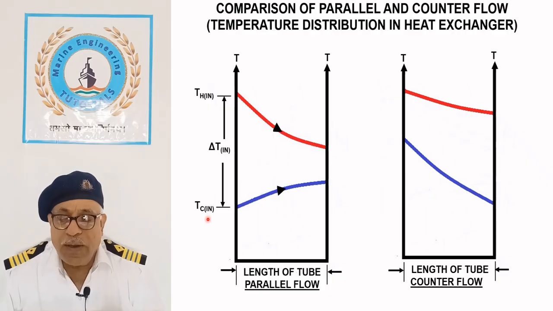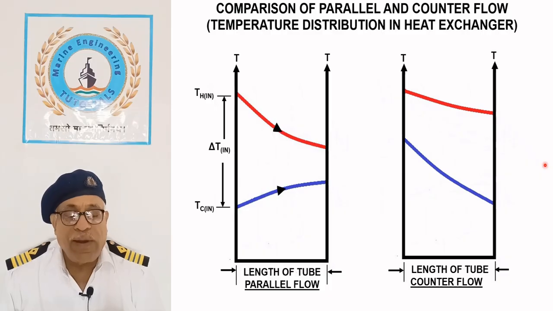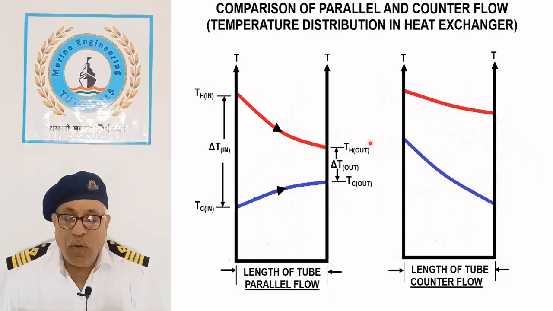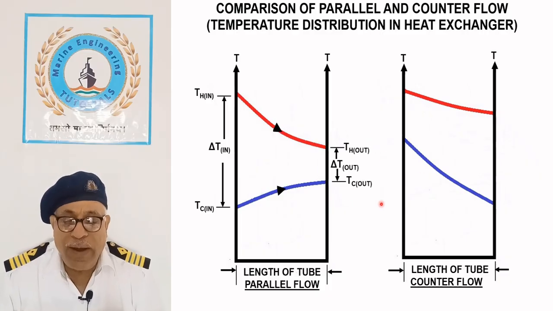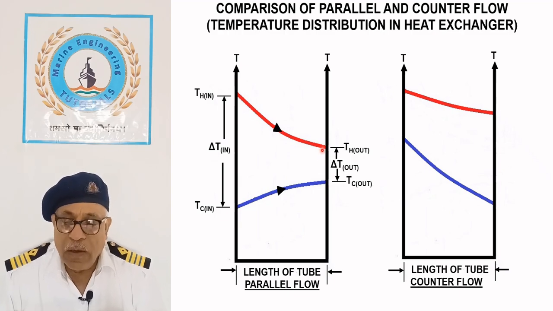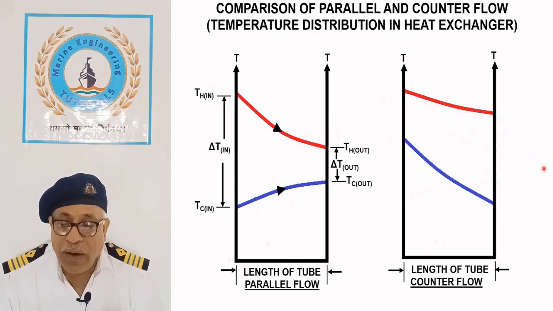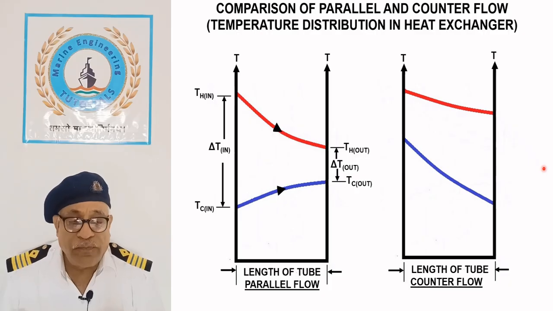The large temperature difference at the inlet end can cause significant thermal stresses, which may eventually lead to material fatigue or failure. Moreover, the exit temperature of the cold fluid can never exceed the lowest temperature of the hot fluid. This is a major limitation when the objective is to achieve a substantial temperature rise of the cold fluid, as is often required in boiler applications.